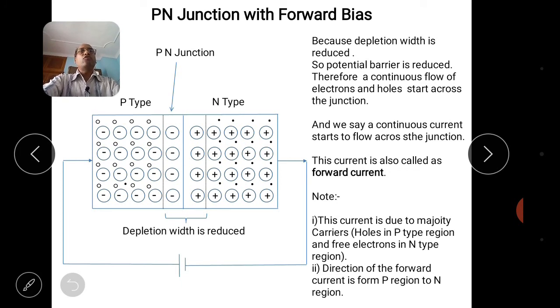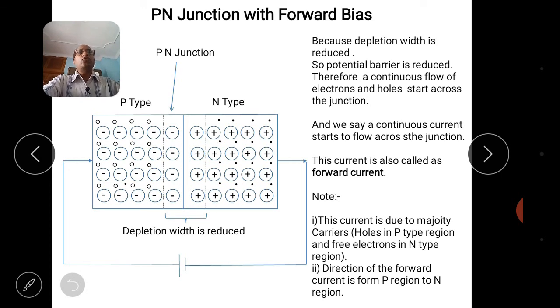Therefore, a continuous flow of electrons and holes starts across the junction, and we say a continuous current starts to flow across the junction. This current is called forward current. The direction of this forward current is from p-type to n-type, and this is the direction of the conventional current.